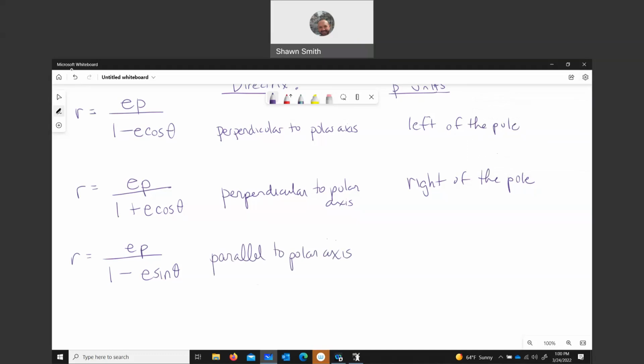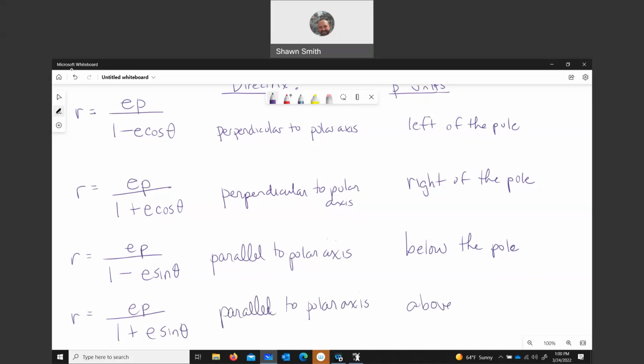Above or below? Below. And then lastly, EP over 1 plus E sine theta. Still parallel to the polar axis. And since it's plus, above the pole.